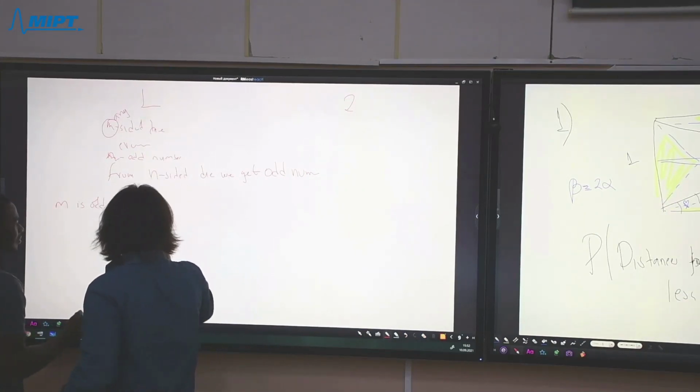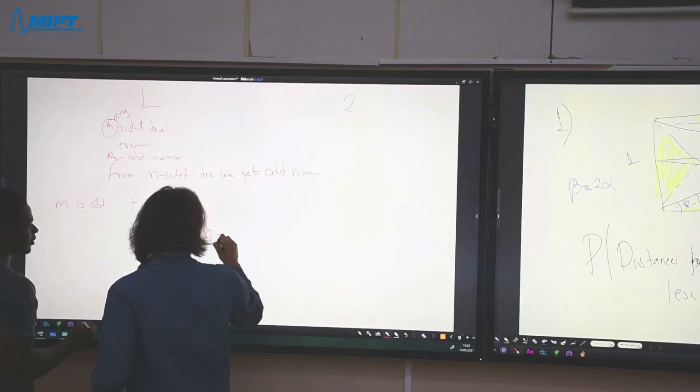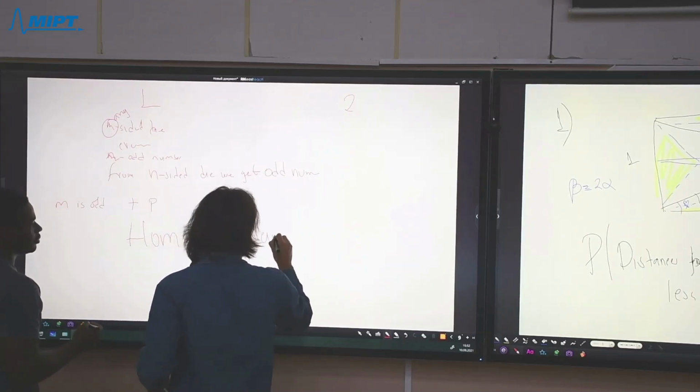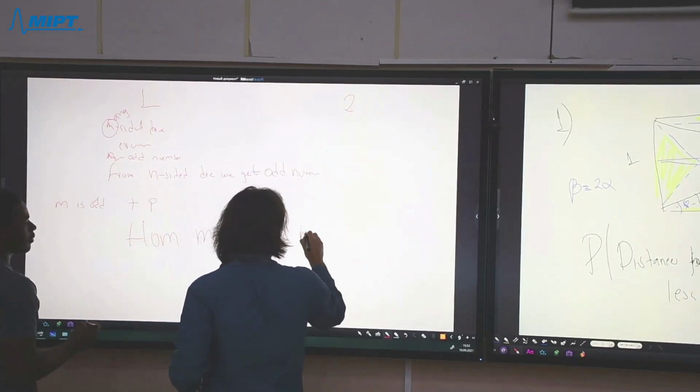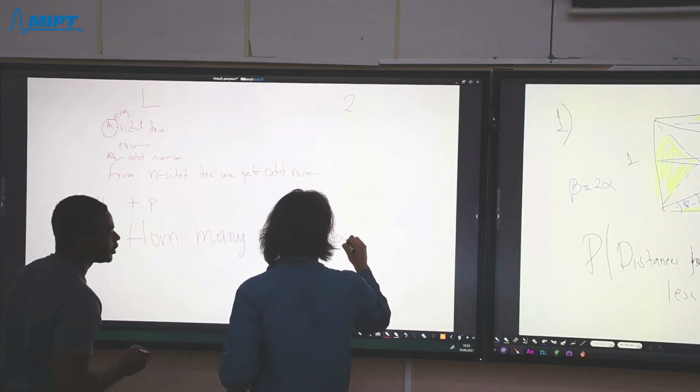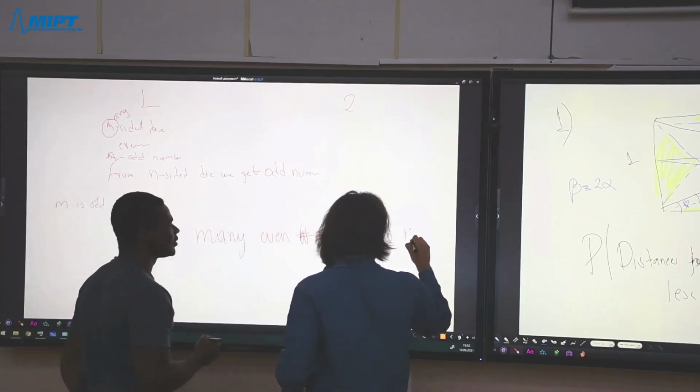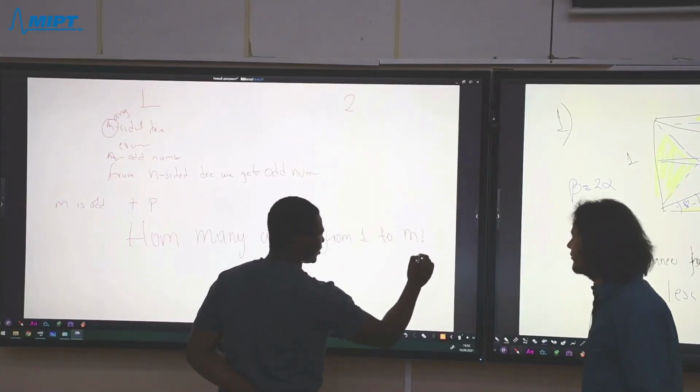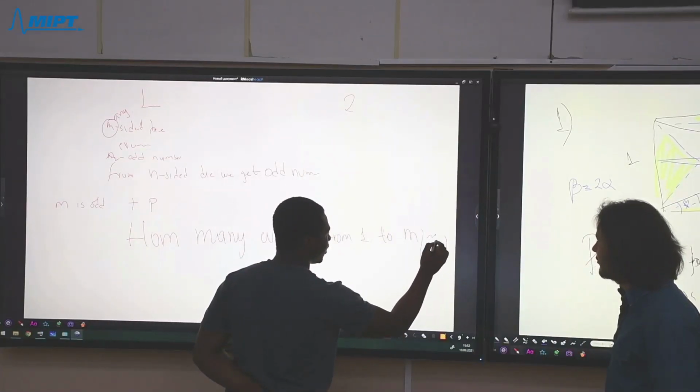So the question is, how many even numbers from 1 to m? This is floor of m over 2.